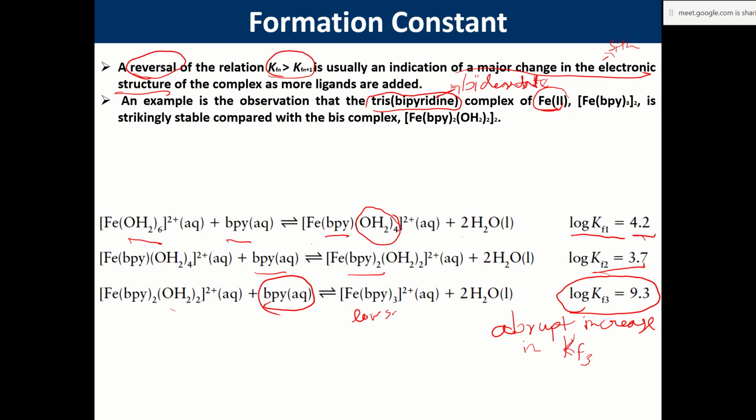This is a low spin complex, and till now it was a high spin one. When the transition from high spin to low spin happens, you get unusual stability in the system. Also, because bipyridyl has two donor sites, it will be forming a stable complex.